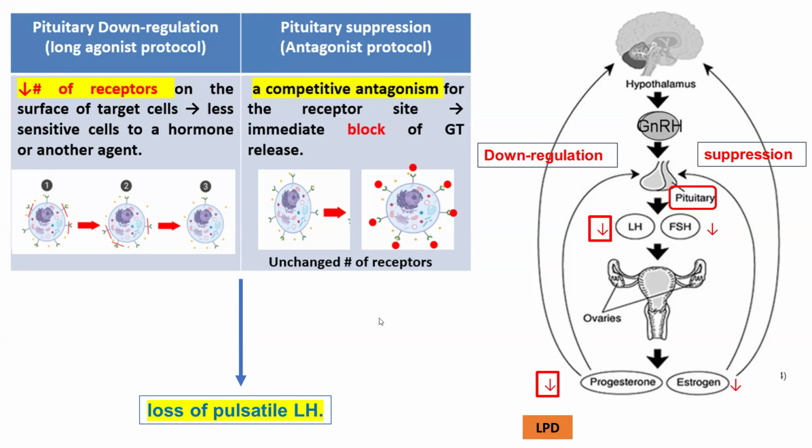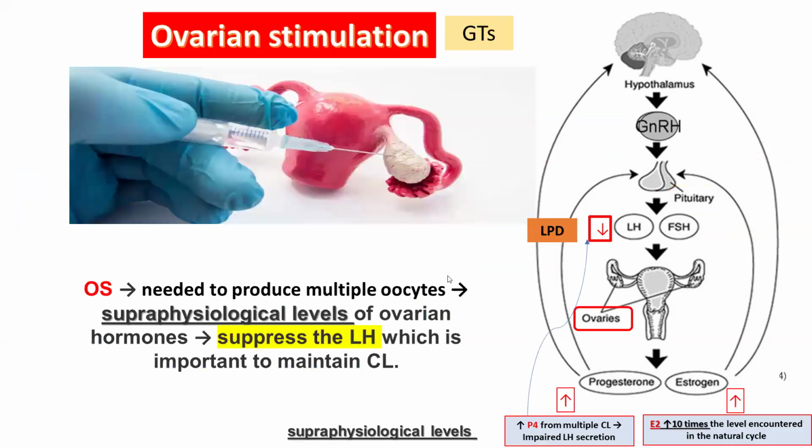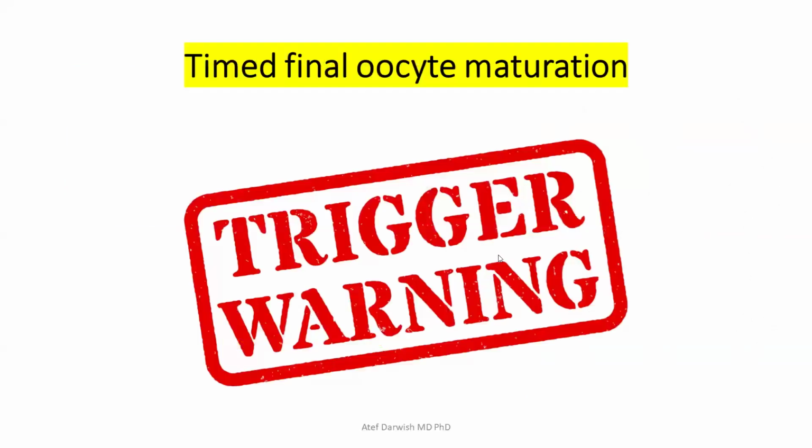So this again leads to decreased pulsatile LH release. What about ovarian stimulation? We give our patients HMG, FSH, or whatever for ovarian stimulation, but they are gonadotropins, and these gonadotropins lead to production of multiple oocytes, which lead to supraphysiologic levels of ovarian hormones and suppression of LH, which is important to maintain the corpus luteum.